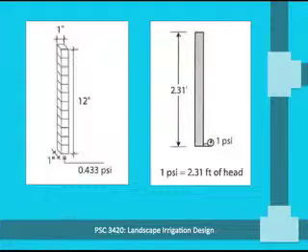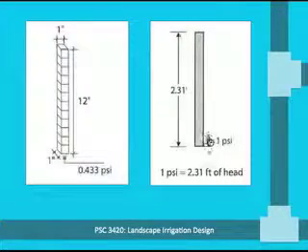Now moving on. In the figure at the left, you can see that a column of water, kind of like that first cube I showed you, 1 foot high and 1 foot square, creates a pressure of 0.433 at the base. So if you were to add an additional foot of water on top of this, the pressure would double to 0.866 psi, so just 0.433 times 2. In the figure on the right, another constant is illustrated.